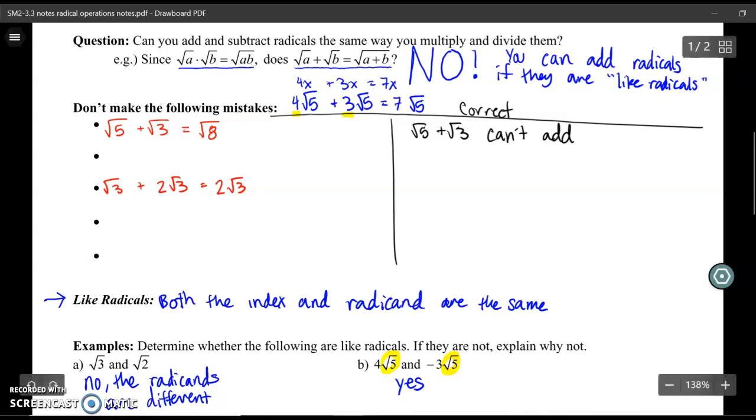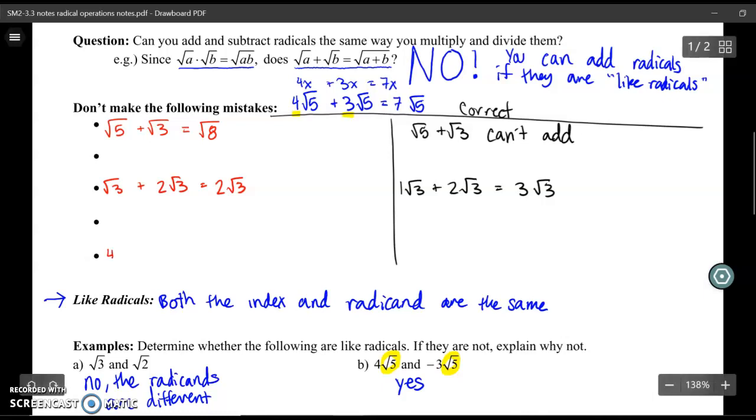The correct answer is that the square root of 3 plus 2 square roots of 3 is equal to 3 square roots of 3. We have to remember that in front of this first square root of 3, there's actually a 1. It's kind of like how whenever I see an x, I can always think about having a 1x in front of it. So you have to remember that there is a number in front of that radical.